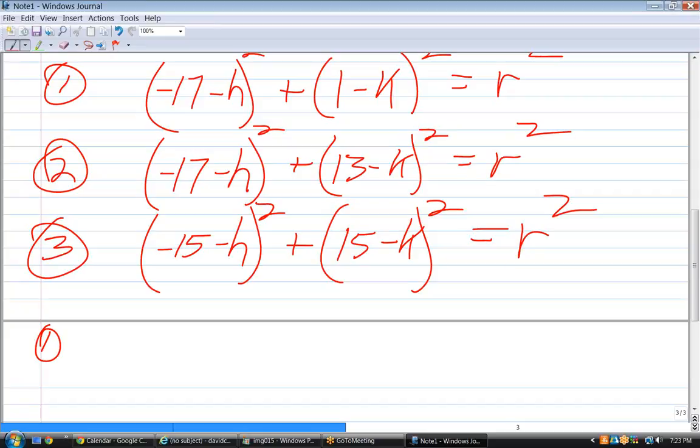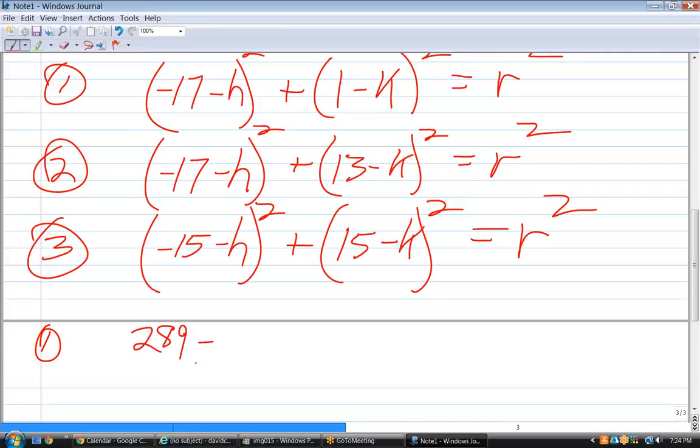So what is minus 17 minus h quantity squared? Plus 17 times 17. I'm wondering if there's an easier way to do this. No, I think so. You have a calculator? Yeah, hold on. 289.